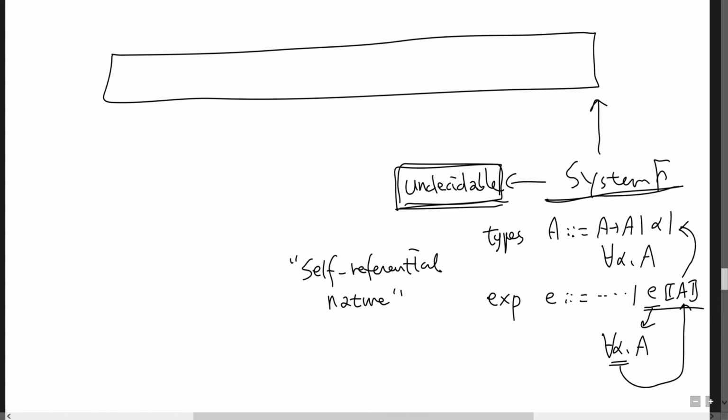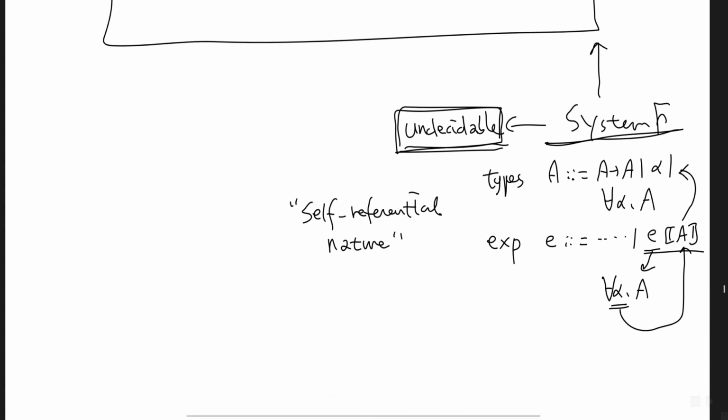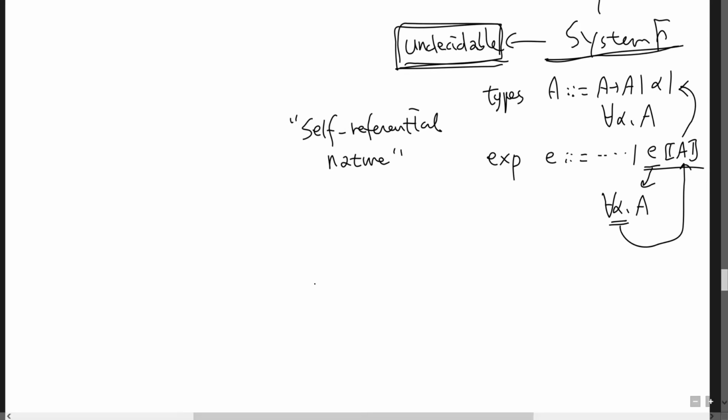And why is this called a self-referential phenomenon? We can imagine that in the development of system F, we start with types consisting of function types. So this is a set of types, and perhaps we have something like A arrow A. So we start with this function type.